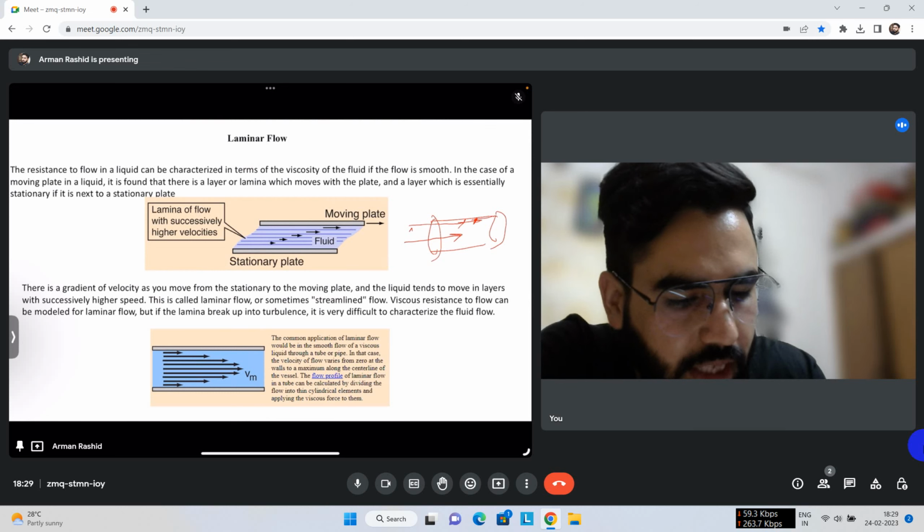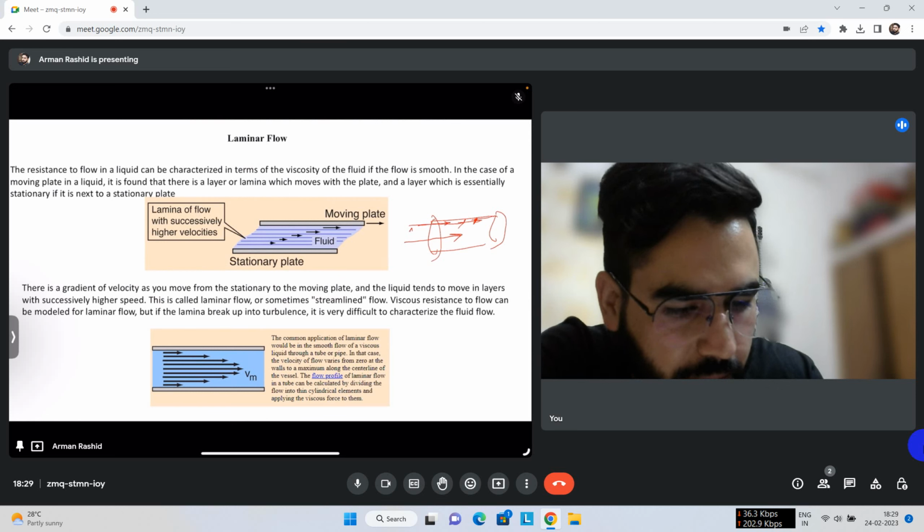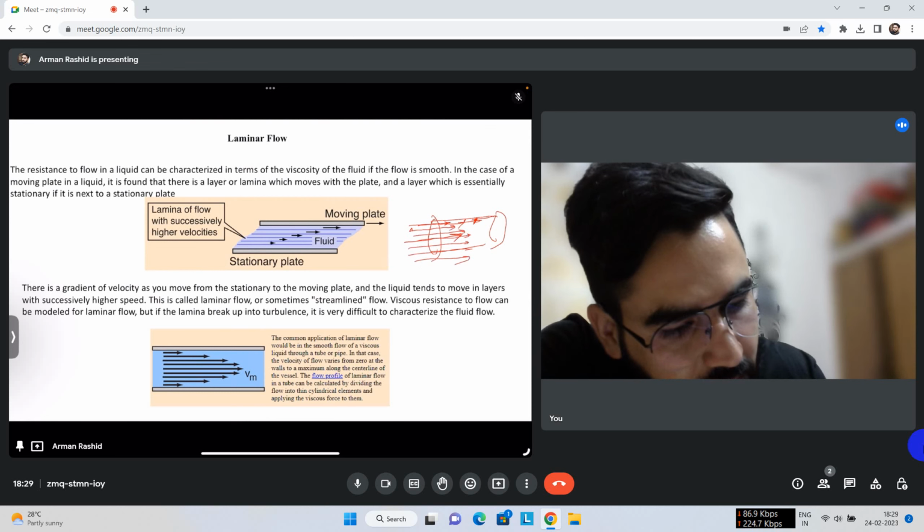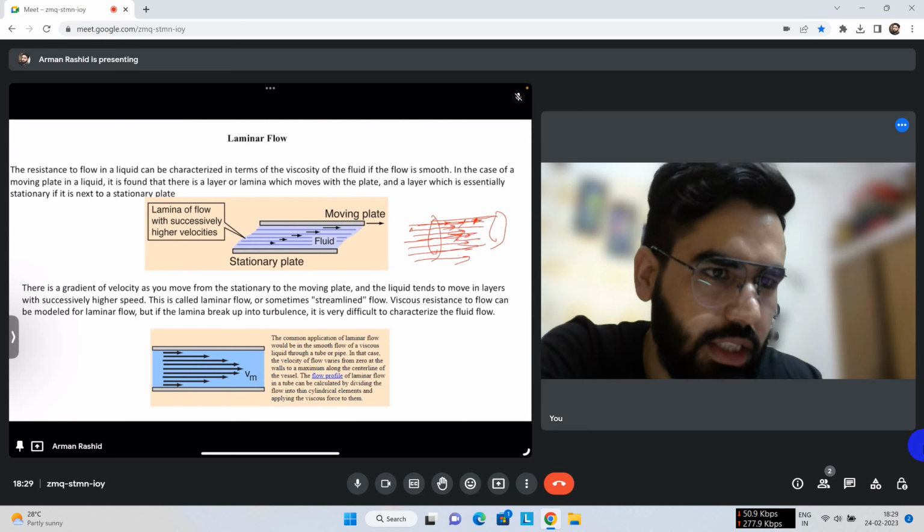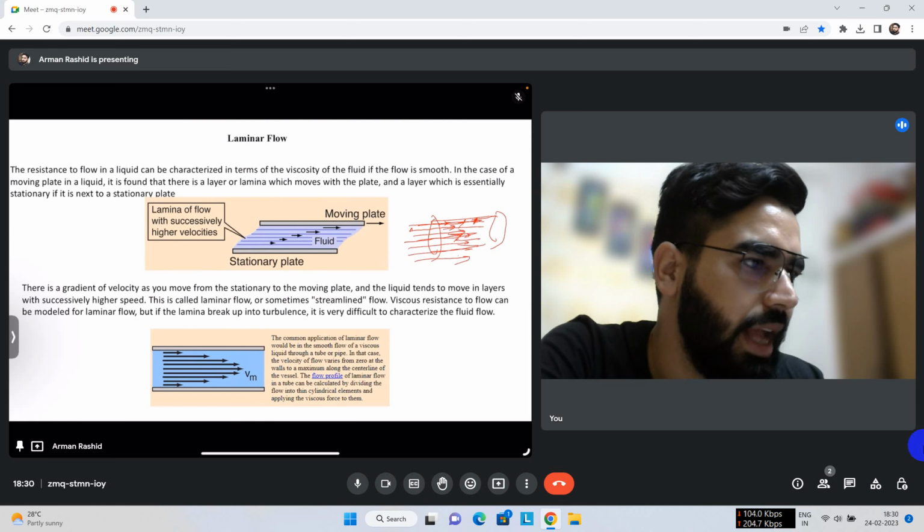As a result their movement is very slow. Then next to them their movement will be a little higher, then a little higher, then again a little lower, a little lower. As a result this liquid seems to flow in different layers of different velocities. That flow is called a laminar flow.